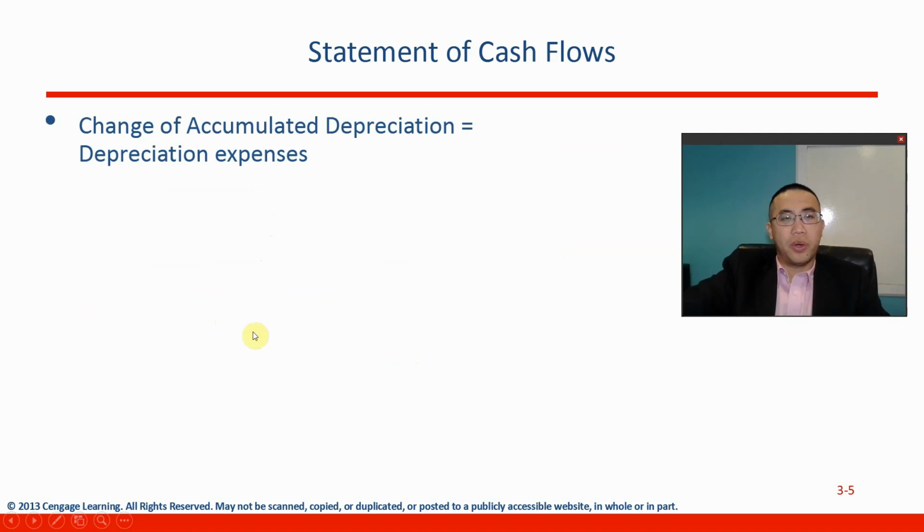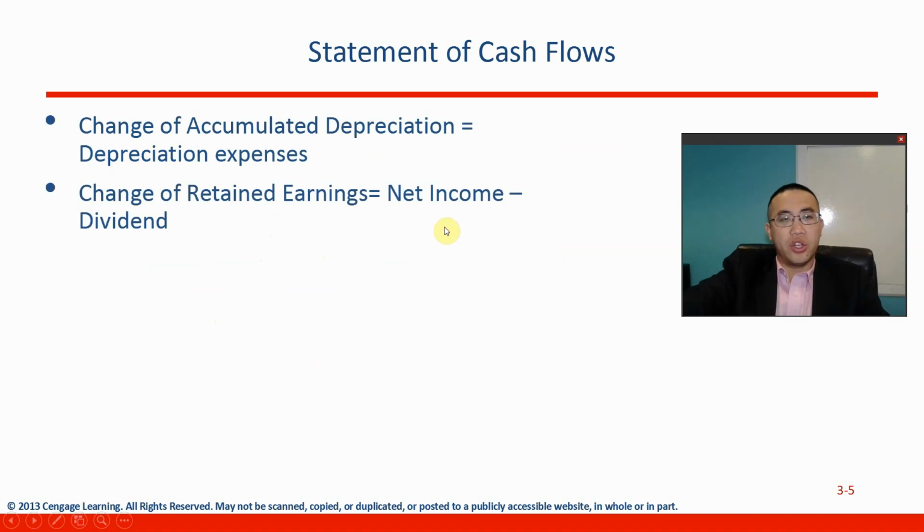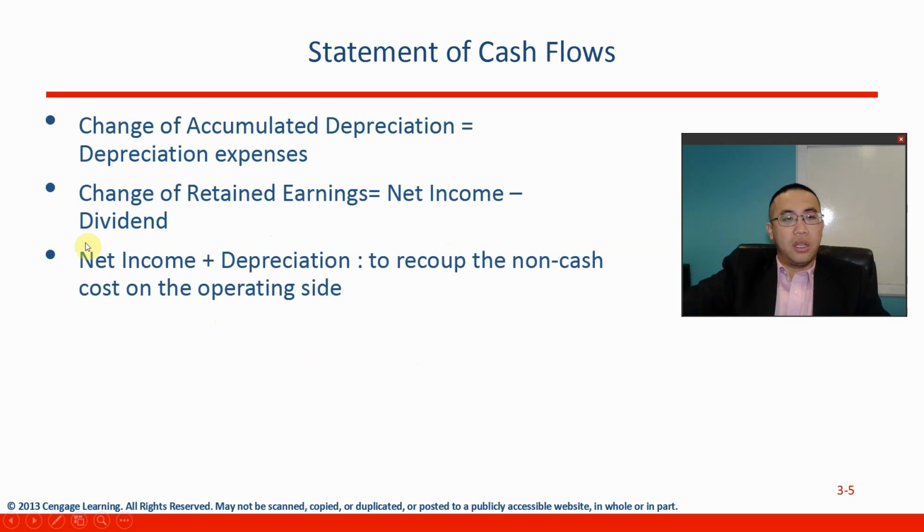And the change of accumulated depreciation equals the depreciation expense, as mentioned earlier. The change of retained earnings equals net income minus dividends, as I mentioned earlier in that table of the balance sheet. If you put net income and depreciation together, that is to recoup the non-cash cost on the operating side. So think about that. Depreciation is a non-cash term, right?